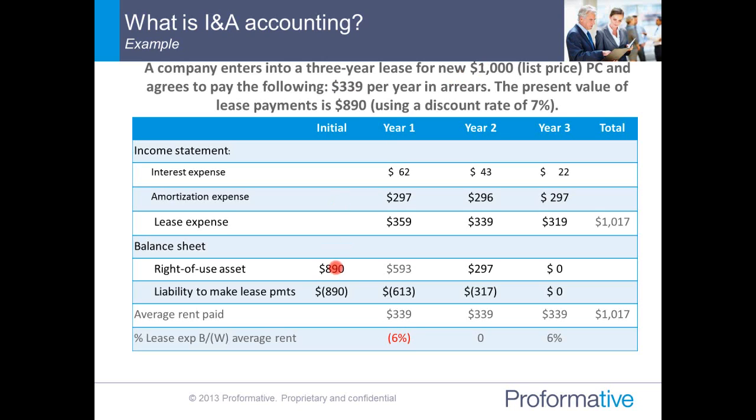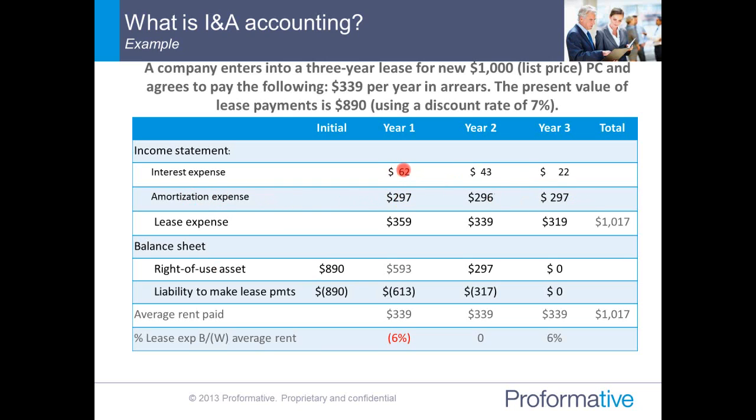PV is $890, which is booked as a right-of-use asset and liability, and interest is imputed at 7% each year. The right-of-use asset divided by 3 is about $297 straight line per year.